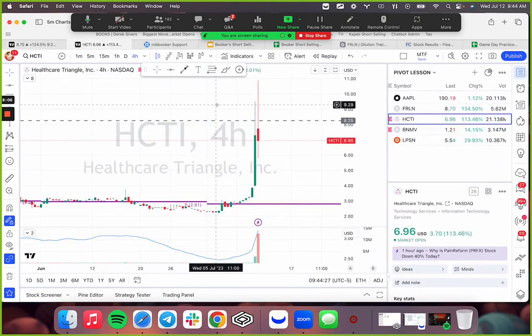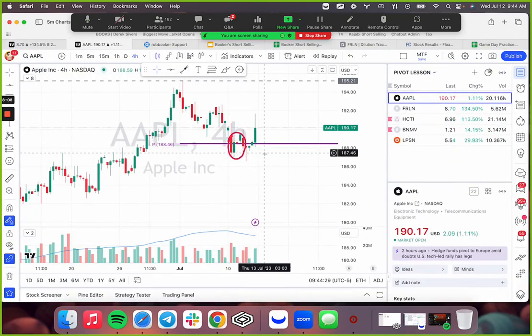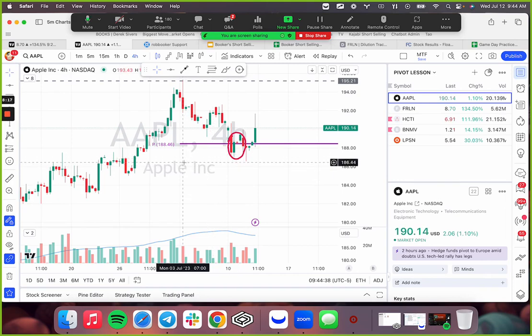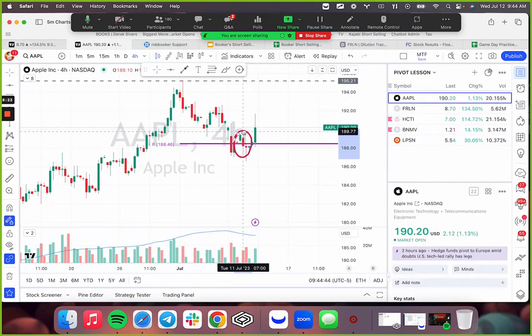Separately, let's look at Apple on a long-term chart. Sometimes a really, really strong company, like a very high-quality company like Apple, will drop for whatever reason. Bad news, good news, earnings, not earnings, whatever. And it will drop. And if it does so, it may be on the way to a monthly pivot point.